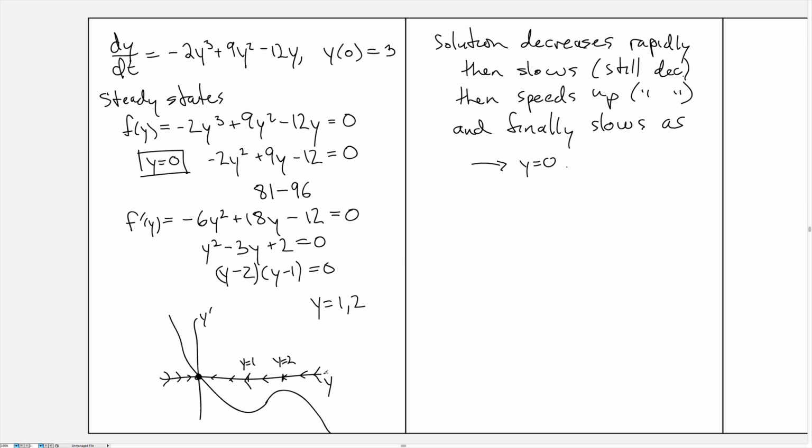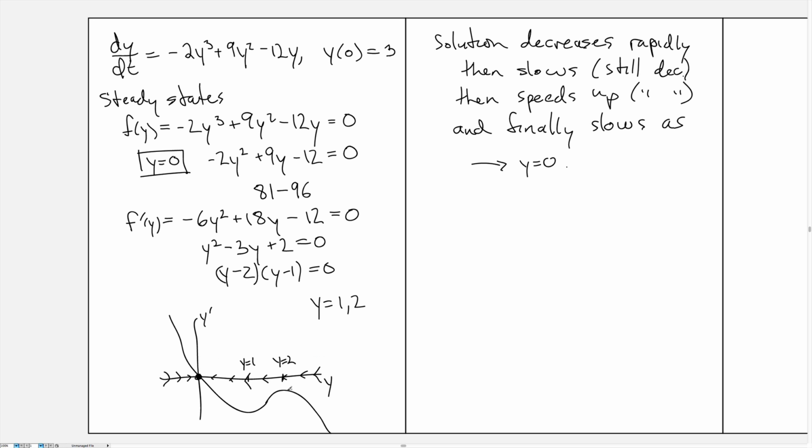We start off with a rapid negative direction, so rapid decrease, and then gradually slowing to some maximal slope in the negative direction, so a high point negatively speaking, and then we continue to a much steeper point down here and then slowing again.